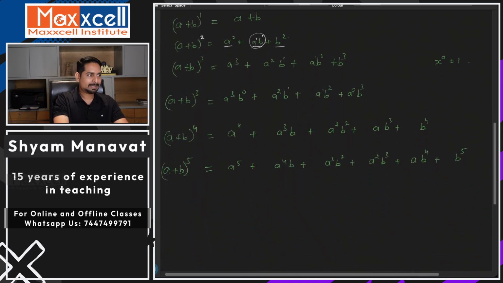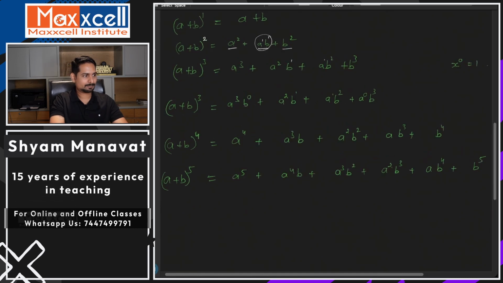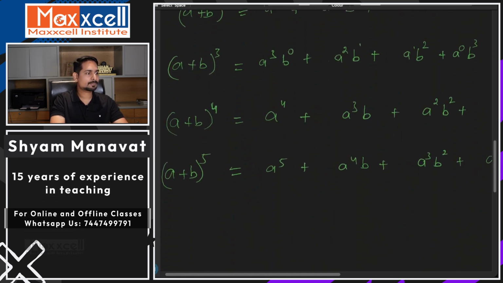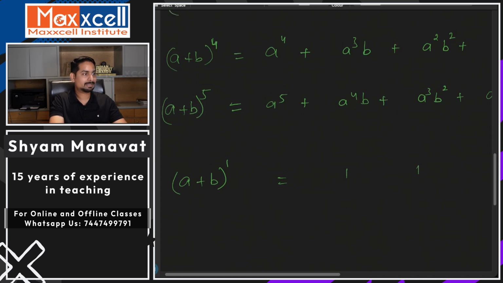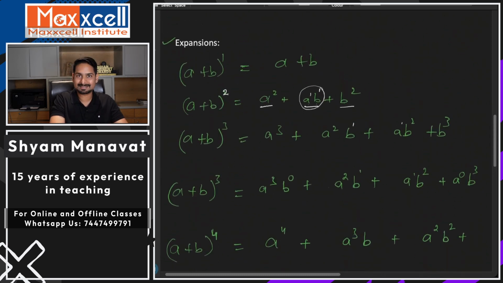Now when you see a plus b to the power 1, we had a plus b. If you look at the coefficients of a and b there, that is 1 and 1. There is no number in the multiplication, so we can always take 1, right?